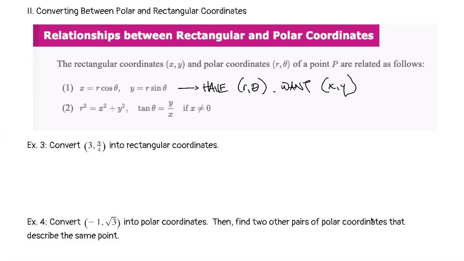So let's try it out. I have my r is 3, and my theta is pi over 4. So if I want to find the x coordinate, that's going to be 3 cosine pi over 4, which is 3 times root 2 over 2, which is 3 root 2 over 2.